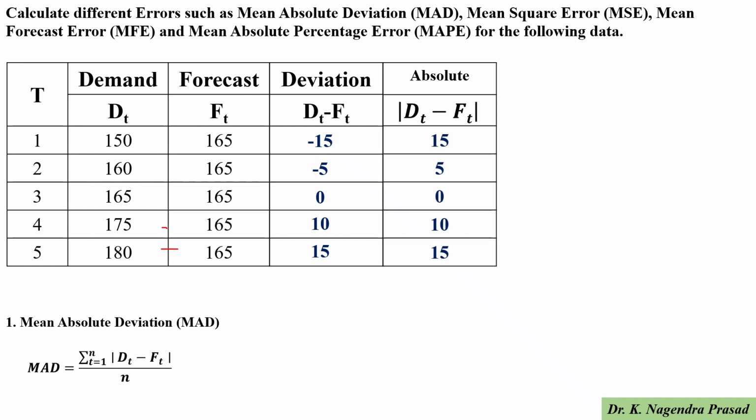Next we have to calculate the absolute deviation, that is the absolute value of dt minus ft. In the deviation we have to consider all values as positive only.